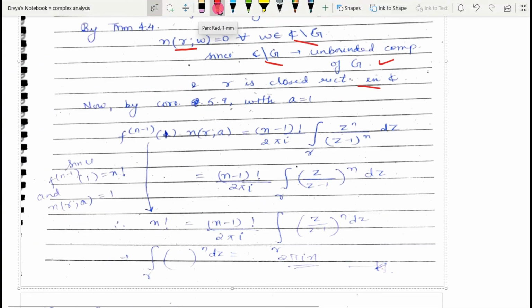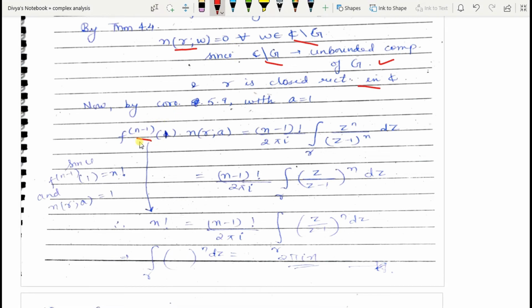So for a equal to 1, if we substitute in the Cauchy formula, we have f^(n minus 1) of a equals, because the question was z upon z minus 1 to the power n, so a is equal to 1 and the power is n, therefore n minus 1. f^(n minus 1) of 1 into the index is equal to this.